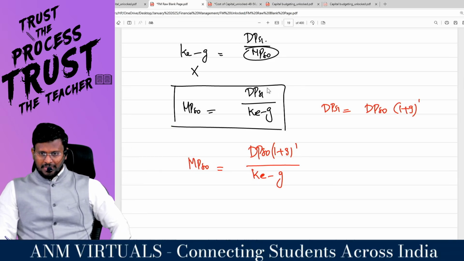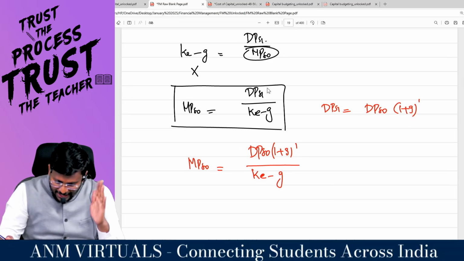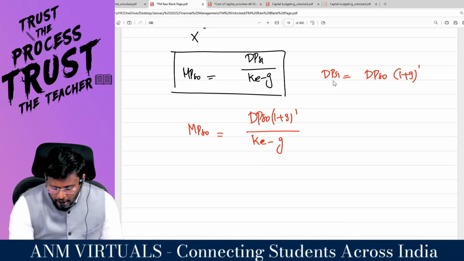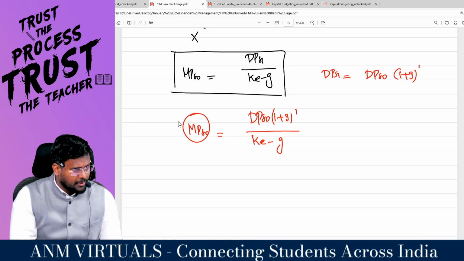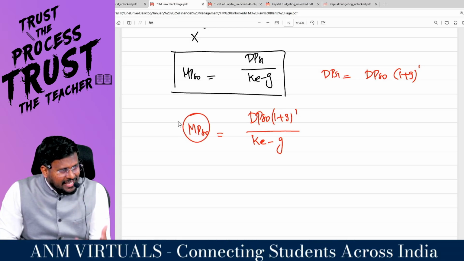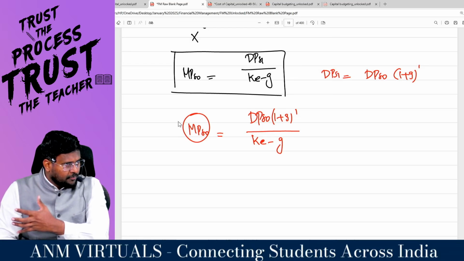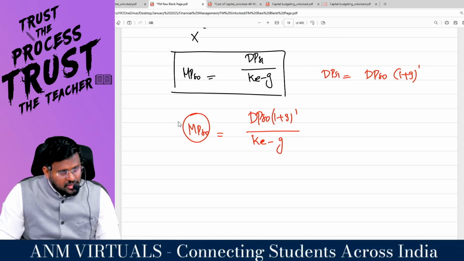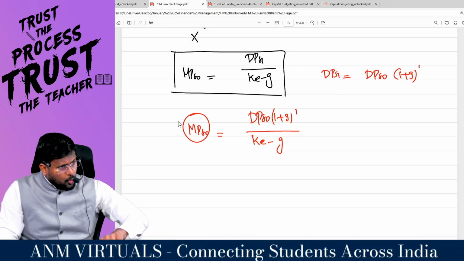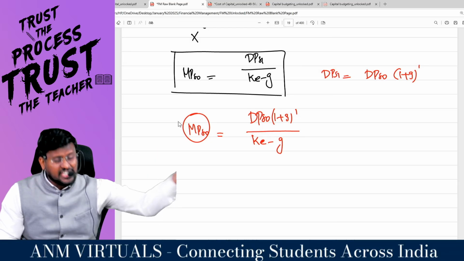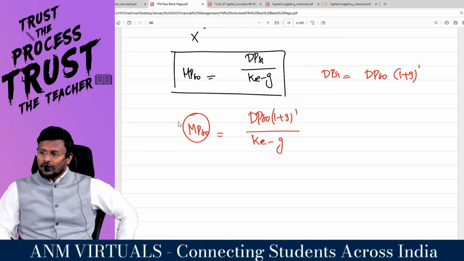So to find the current market price, that is the market price today, you take the last year dividend. Whatever dividend you paid last year, that is DPS0 into (1 + g), the growth rate of the first year.